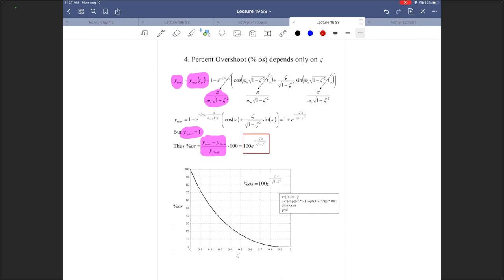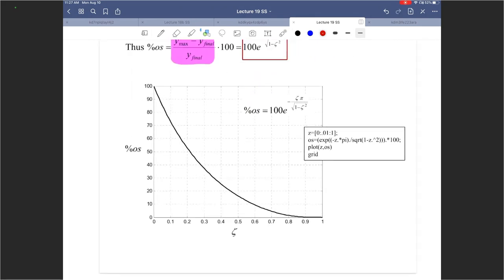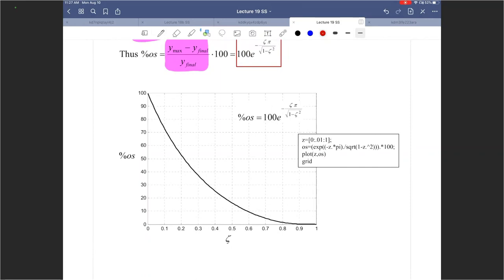The sketch below shows the percentage overshoot as you change zeta. We have already seen that if you increase zeta, the percentage overshoot should go down. And this plot shows that it goes down exponentially, right? So if you increase zeta from 0 to 1, your percentage overshoot goes from 100% all the way down to 0%.